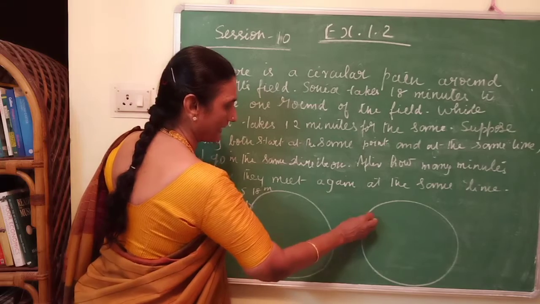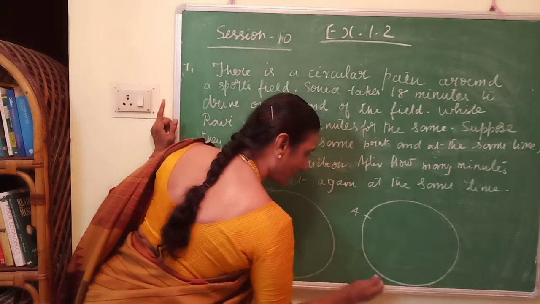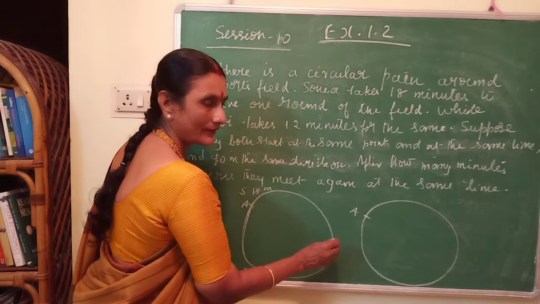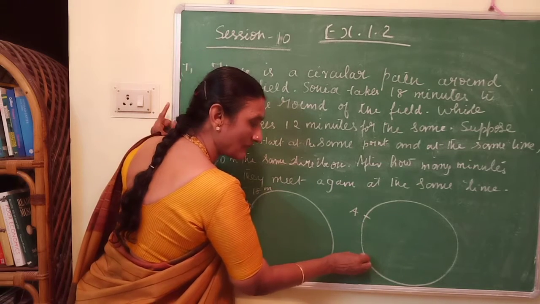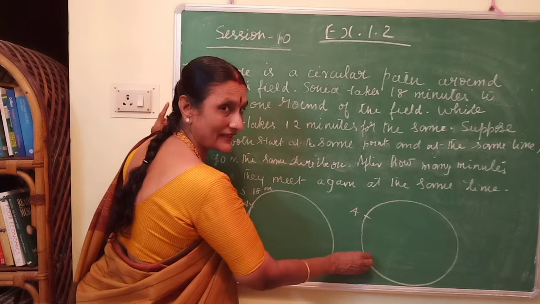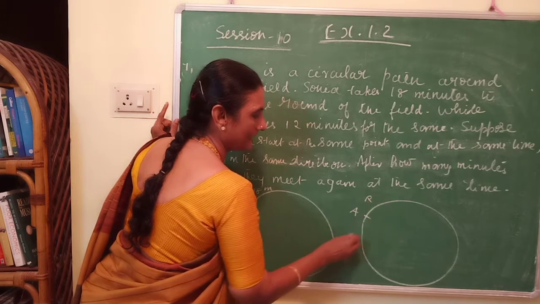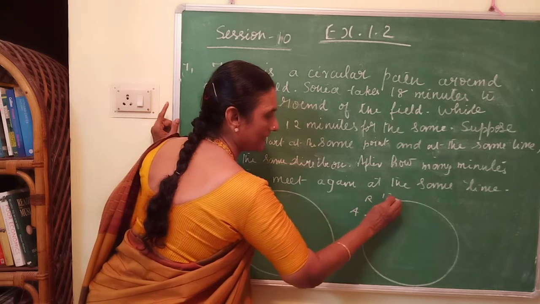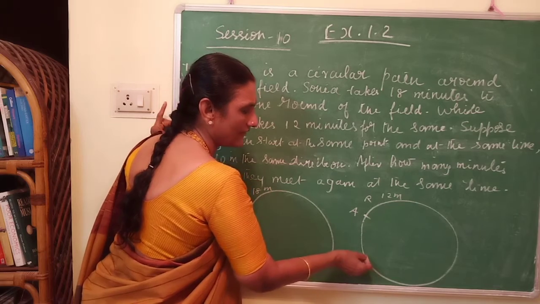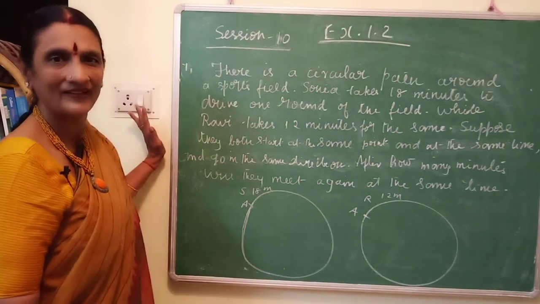So by the time he completes one round, Sonia will be somewhere here only. Because she is taking 18 minutes, Ravi will complete the round in 12 minutes, whereas Sonia will be somewhere far behind him. Is it clear?